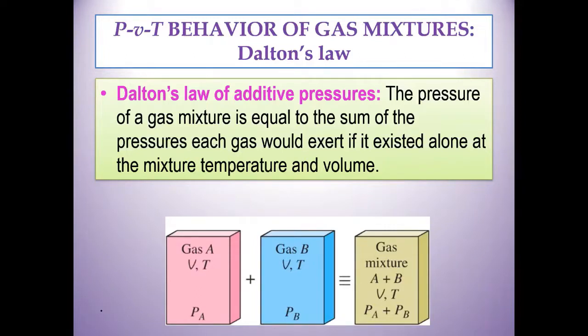These component pressures are called partial pressures. So Dalton's law tells us that the components in the mixture are treated as though they are occupying the entire volume, at the same temperature as the mixture, but each one has a partial pressure. When you add those partial pressures together, you have the pressure of the mixture.